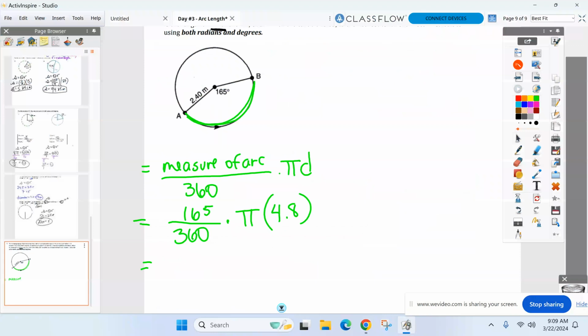Okay, so you did 165 over 360, did radius instead. Diameter. Okay, that's fine. So what did you need to do to the 2.4? Okay, so you should have 4.8 in there. All right, get after it now, please. 6.9. There you go. Thank you. Meters.